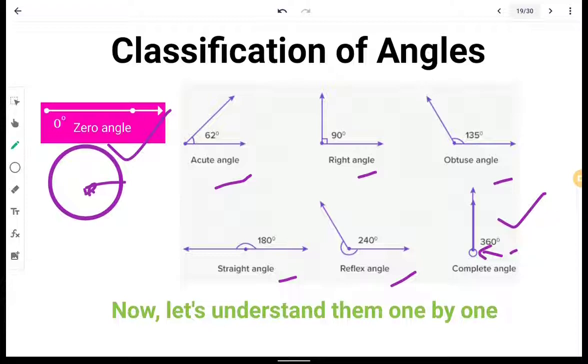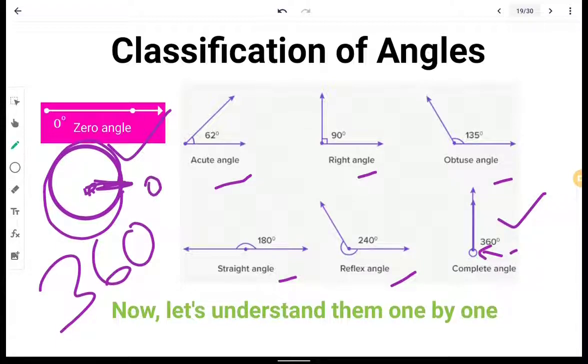Suppose this radius can move. If this radius is moved all around and comes right back over here again, then it has formed one complete angle, or rotated 360 degrees. And a 0-degree angle means it is just over here only. Understood? Now it's time to understand these one by one.